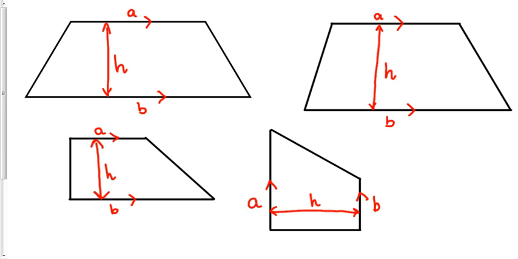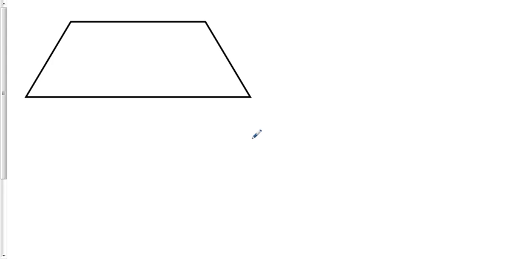Let's look at the formula itself. Before I do, I just want to remind you, we talked about this in class, that if for whatever reason you can't remember the formula, there are a couple of other ways you can work out the area of a trapezium. I could split it diagonally into two triangles, and work out the area of those triangles individually and treat it like a composite shape.